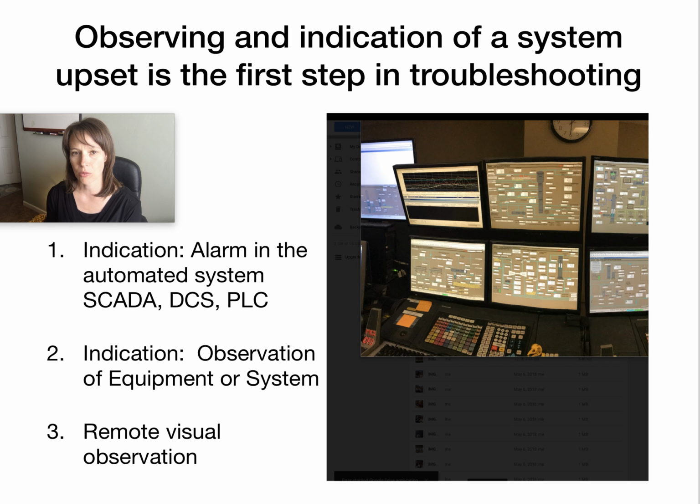So these are the three ways that we could actually observe a system upset or a problem: by the data or information that's coming across on the board or the monitor for us, also just being familiar with the equipment, and then visually observing the facility itself.